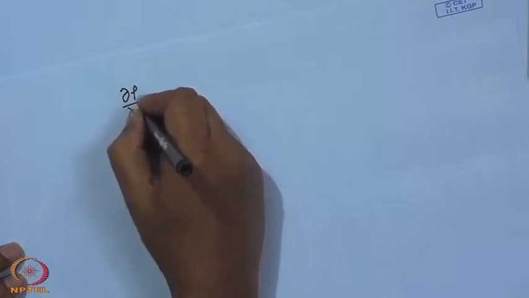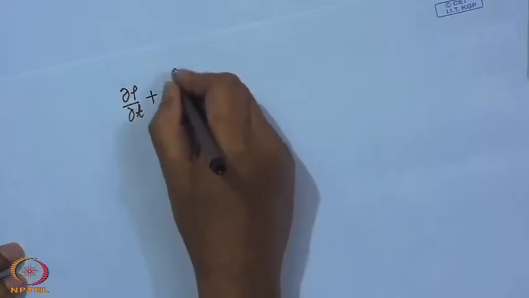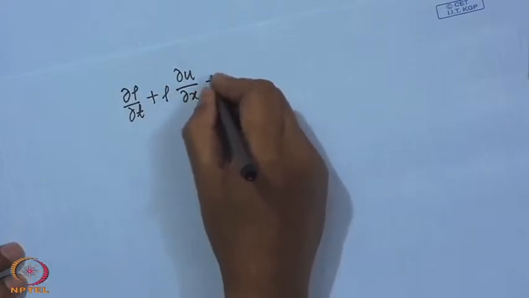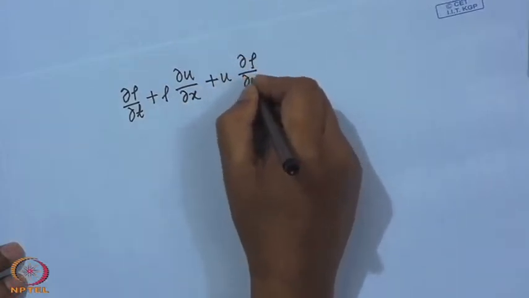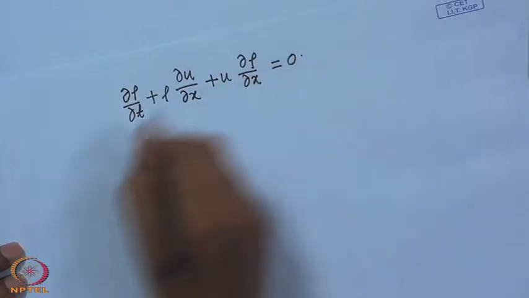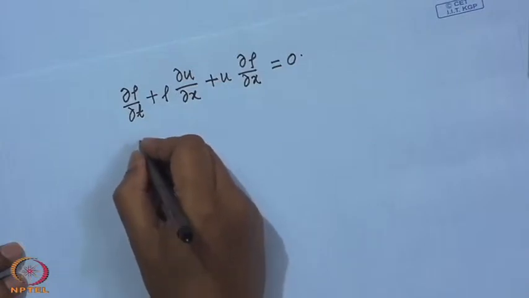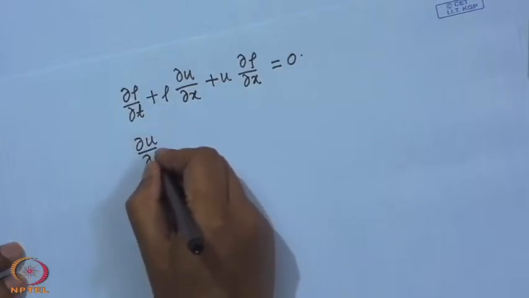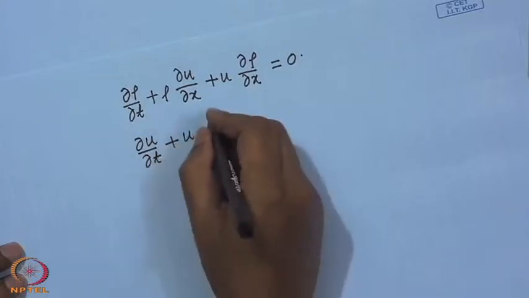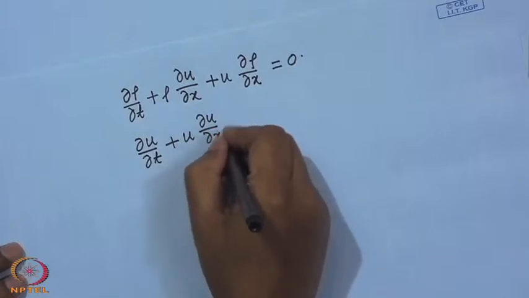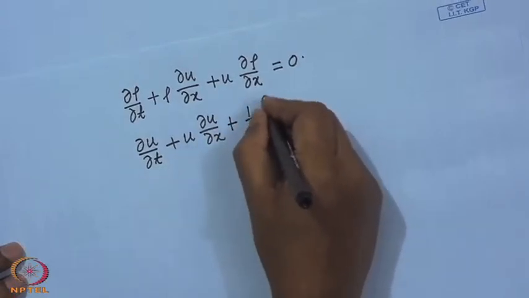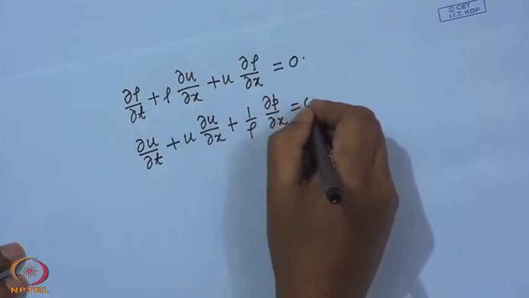Now, considering an adiabatic non-viscous motion in a constant area duct, we have the continuity equation ∂ρ/∂t + ρ ∂u/∂x + u ∂ρ/∂x = 0, and the Euler's equations or momentum equations as ∂u/∂t + u ∂u/∂x + (1/ρ) ∂p/∂x = 0.